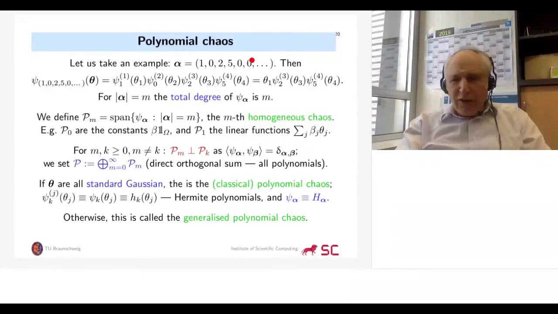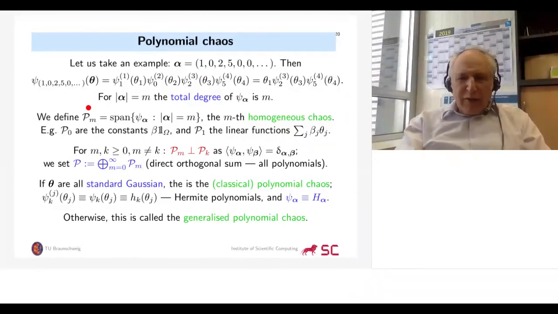And all the other ones have c_0, which we know is 1. I've left this one out because it's a 1, and I know this one's linear, so I've written theta 1. So this is what this polynomial looks like. And the length of this multi-index, you call this the total degree of this multivariate polynomial.